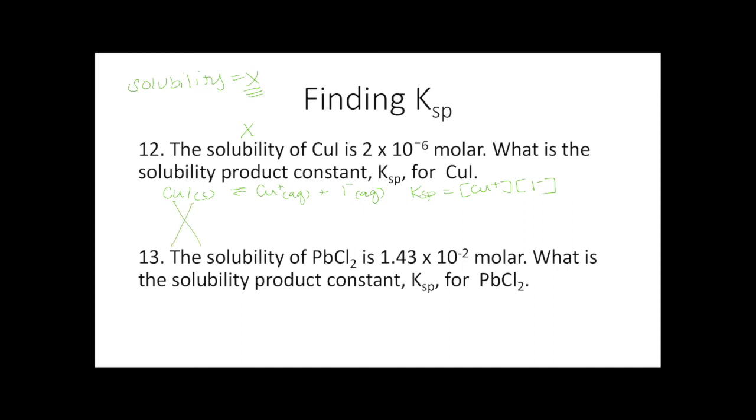I'm going to make my RICE table under here. I have 0 to begin with. We throw it into water. We have a plus x, x. So Ksp is equal to x squared. You guys, we know x. They gave us x. The solubility is x.